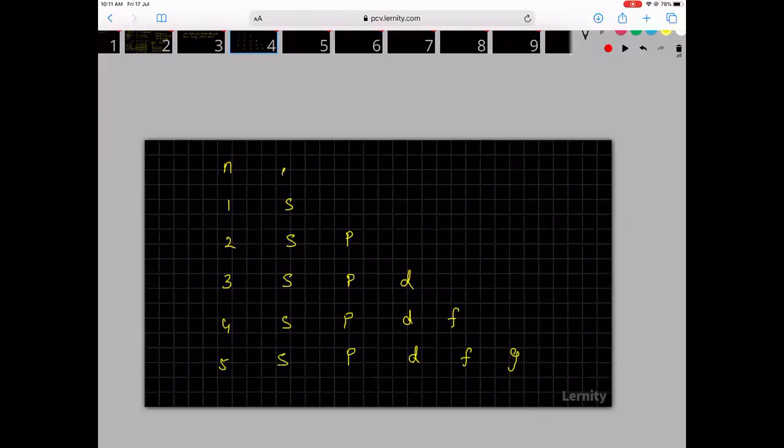So this is 0, this is N, and this is L. So 0, 1, 2, 3 and 4.